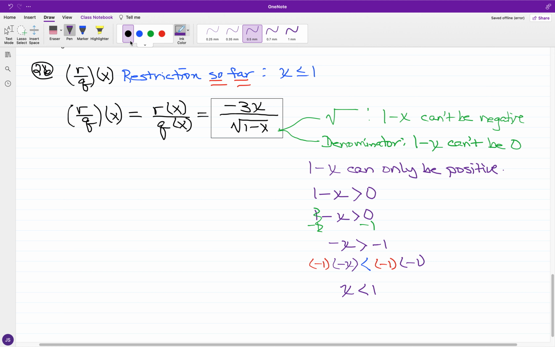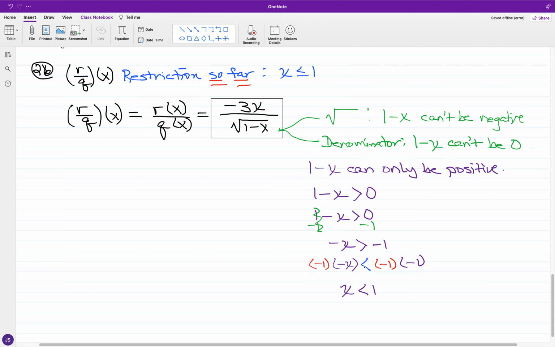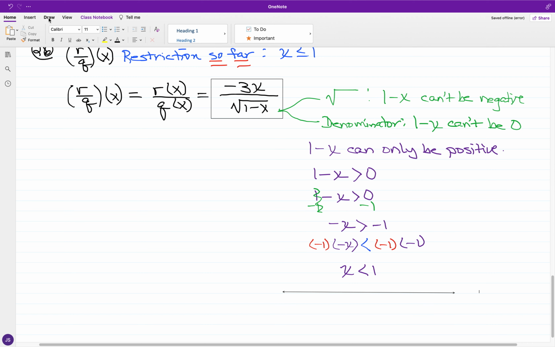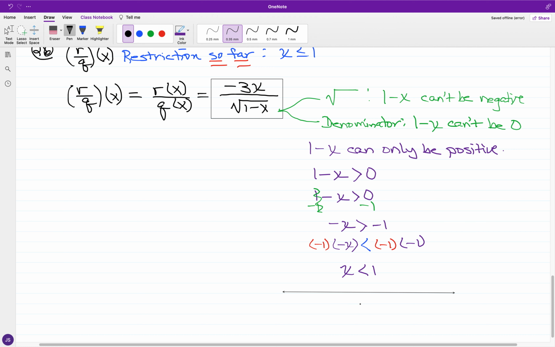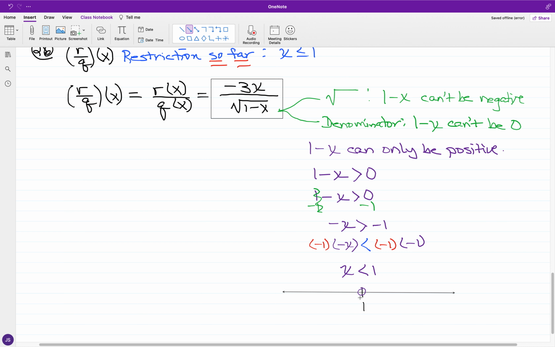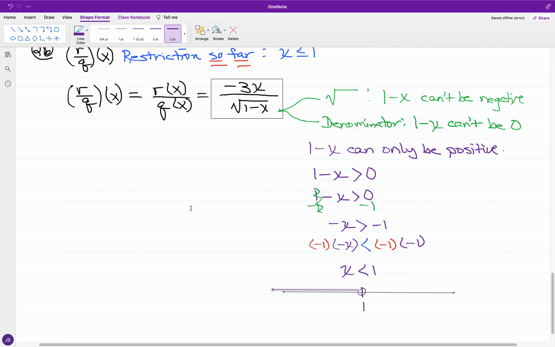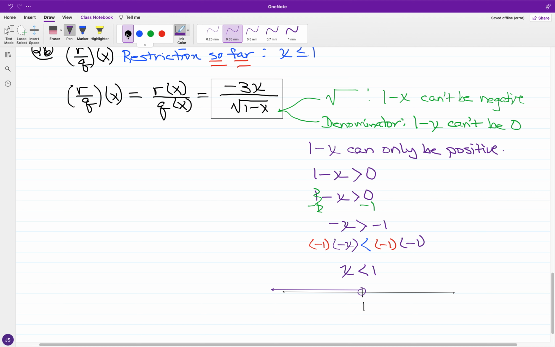And so this inequality will define what's in the domain for x. So we have x is less than 1. We have an open circle, and we're going to have a ray moving continuously to the left and out in the direction of negative infinity.